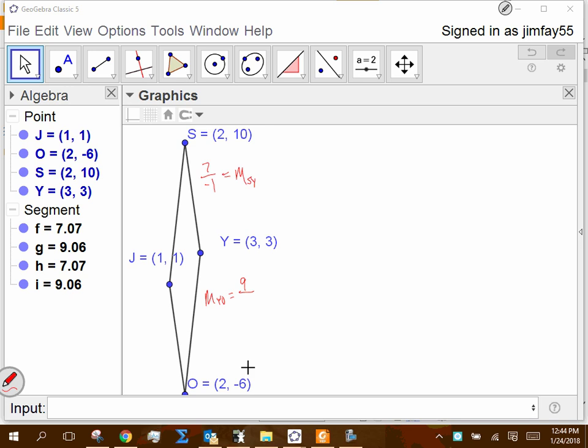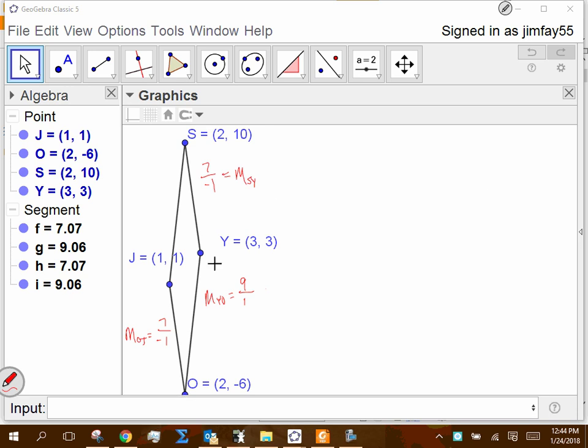And then 3 minus 2 gives me 1. So that slope is 9 over 1. Come over here, I'll do OJ. I don't know my alphabet. OJ, so 1 minus -6 gives me 7, and 1 minus 2 gives me -1.